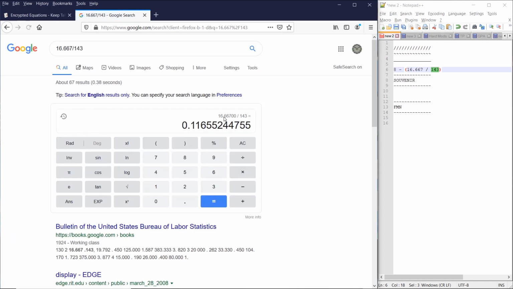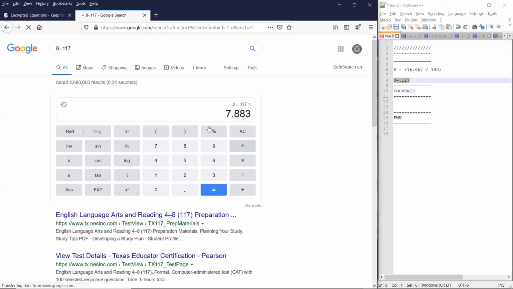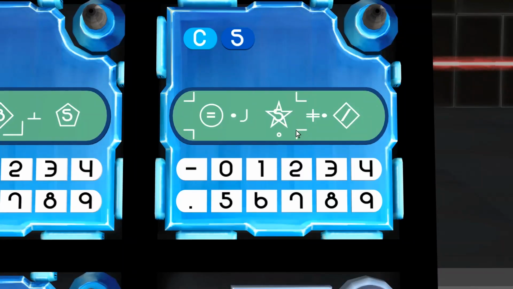Okay, so the final result of this equation is this entire value. And again, we ran it to the thousandth spot, so it's going to be 0.117. So now we have 8 minus 0.117. And if you're lazy like me, you can just plug this back into Google, and you get your final value of 7.883.